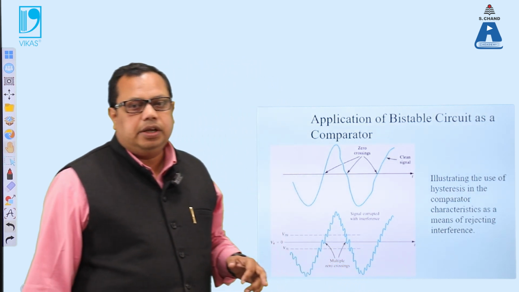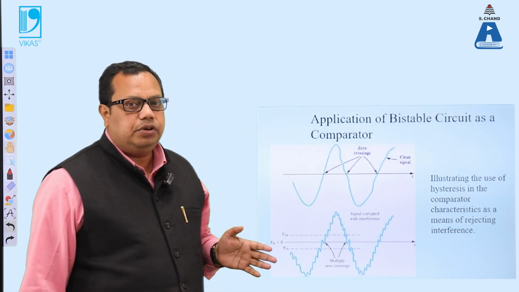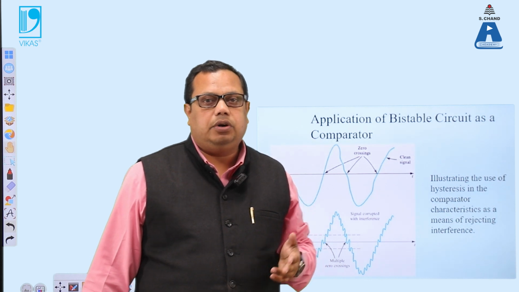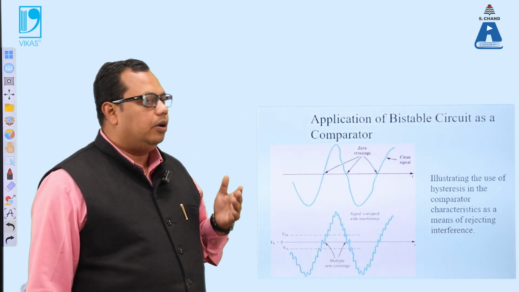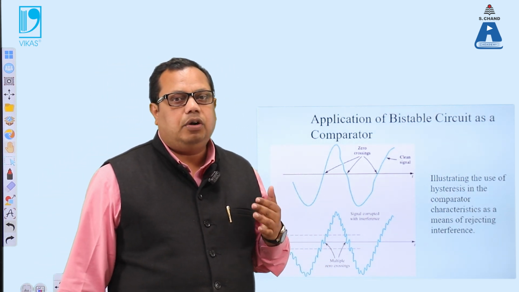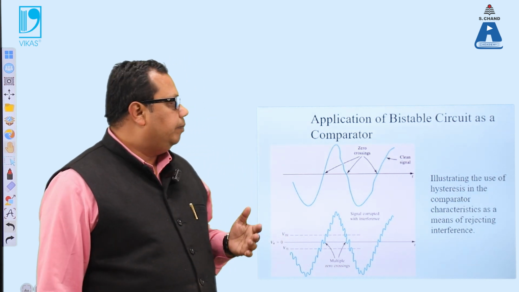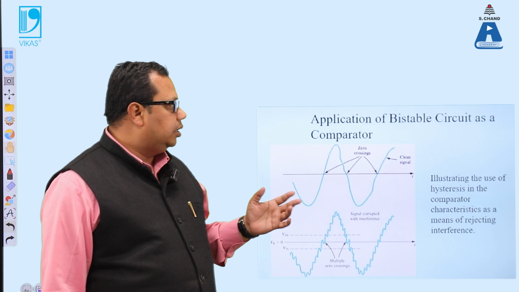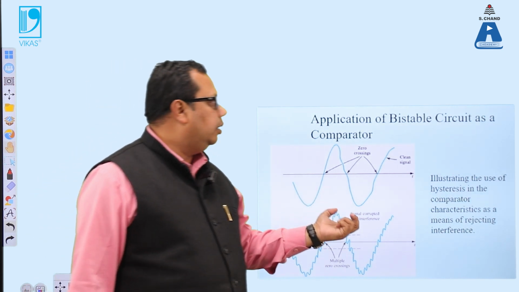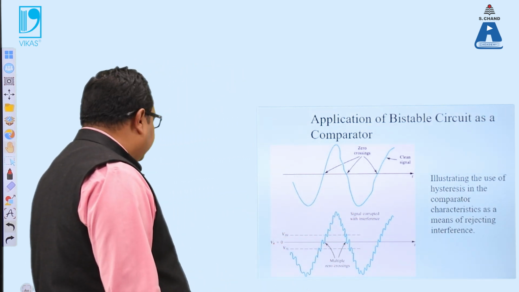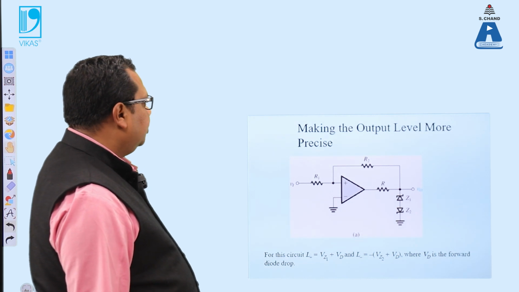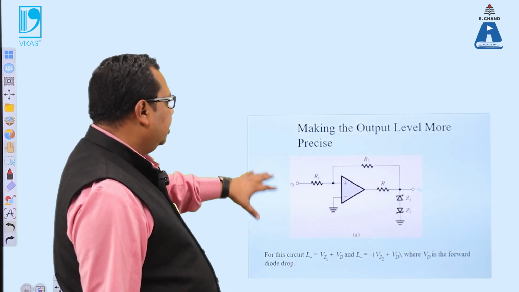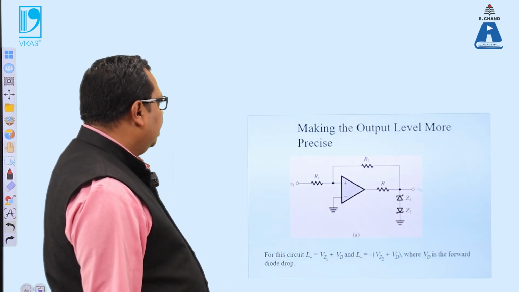So it will reject the signals which are not required, which are distorted, or which are not giving the correct value, or from which we are not getting the particular application or use. This is basically the main role of the bistable circuit, where the output level will become more precise.